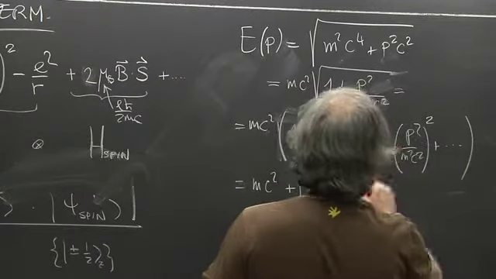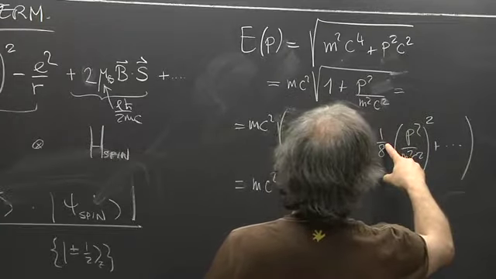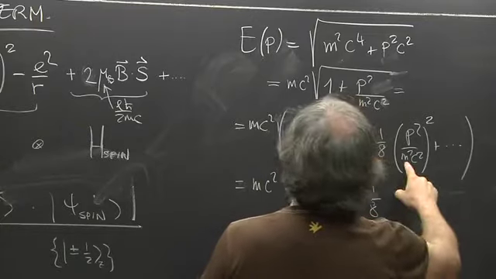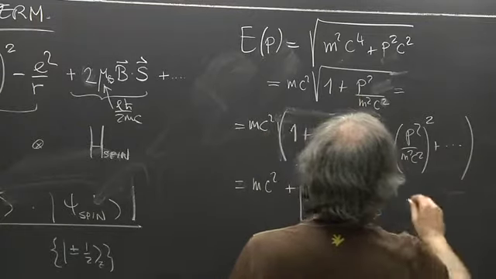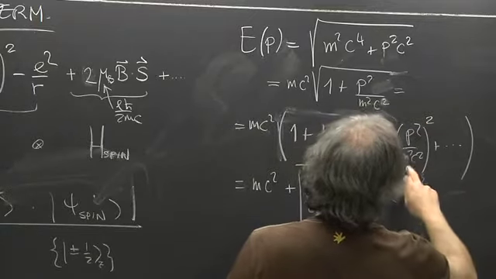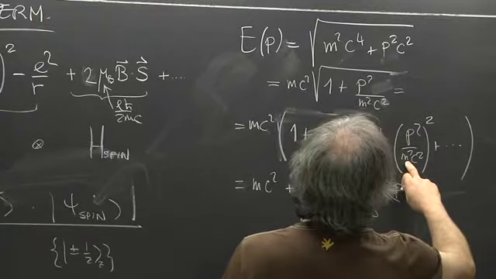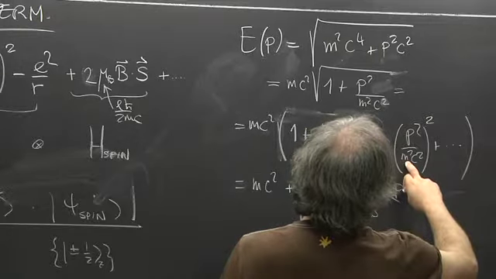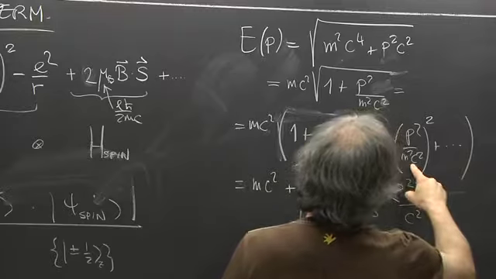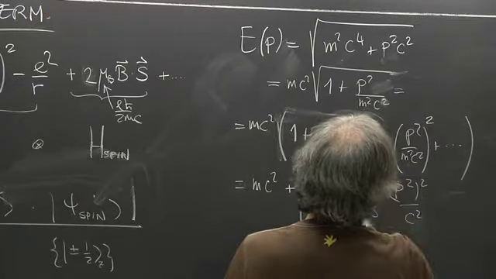But you see that there is a correction to this, which is -1/8. Let's calculate. The m and the c squared really give me p to the 4th, and here I have m cubed, with a c squared term, because there is a c to the 4th times c squared.